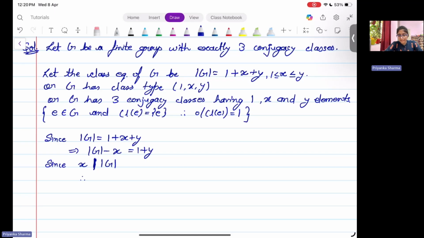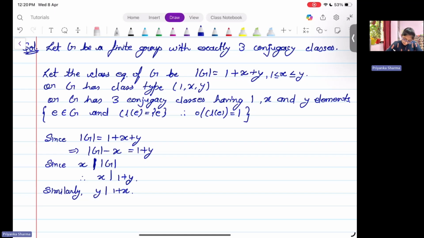So x will divide the LHS of this equation. That is, x divides order of G minus x. So we can see that x divides 1 plus y. Okay. And similarly, we can have y divides 1 plus x also.